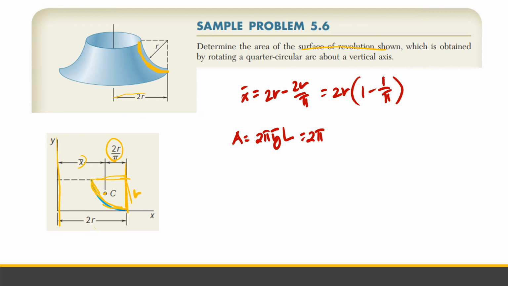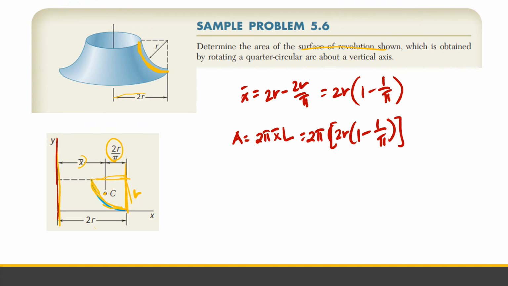This time, we have x bar, since we will be rotating it about the y-axis. So, our distance is x bar. So, 2 pi x bar, which is 2r times 1 minus 1 over pi, times our length.